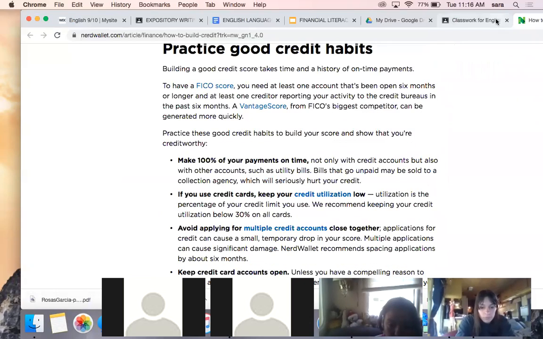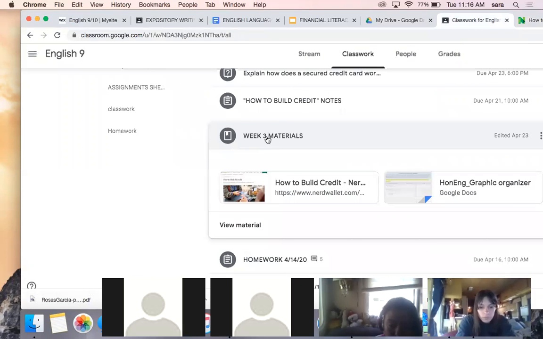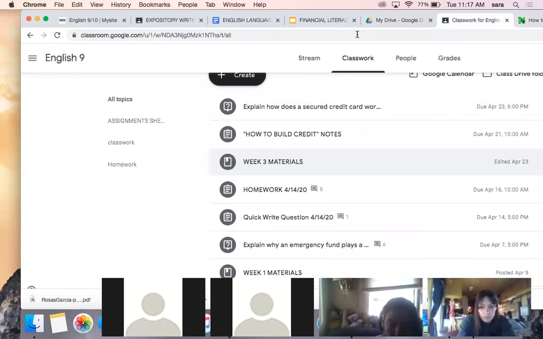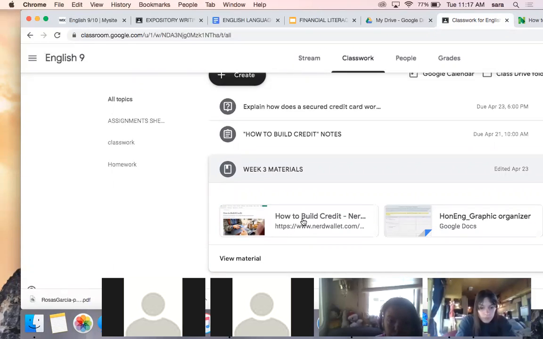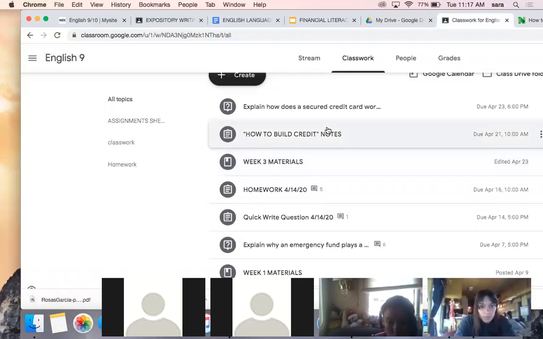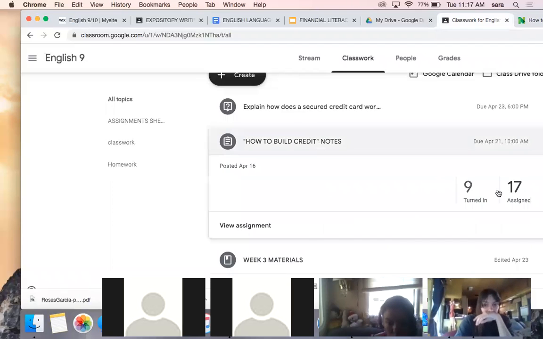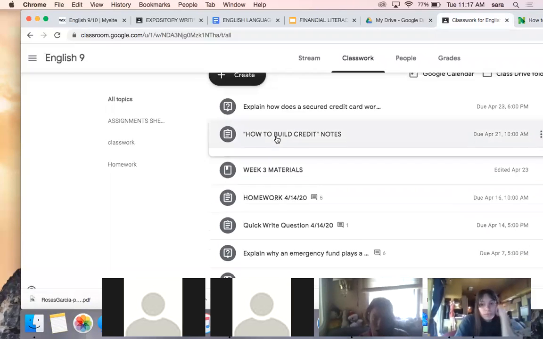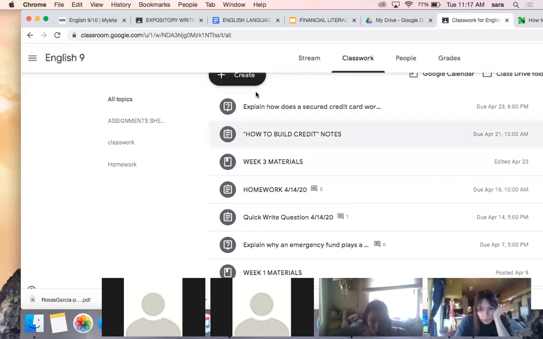Where is that? That's under week 3 materials in Google Classroom. Later on, I'll clean it up so just the materials will appear in the classwork and your homework will be on the side. There's the link to the website, and then you also had a graphic organizer to build. So make sure that you're doing those things, as well as your notes, which only 9 people have done. Still waiting for the rest of you. Okay, so that's how it works.